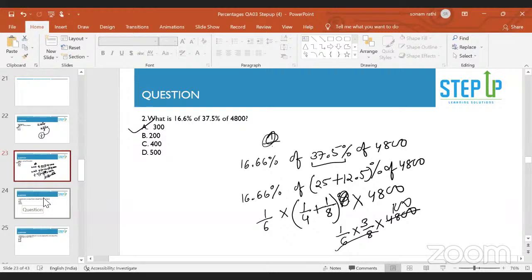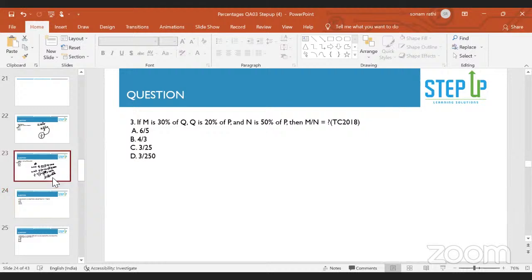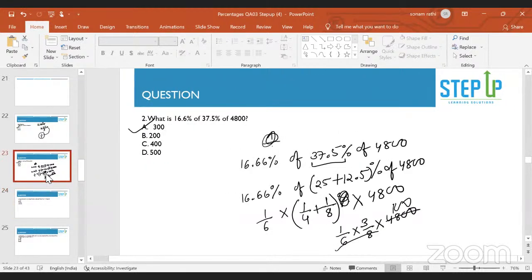Kriya, ma'am. Yes? Madam, yes, tell me. Is it possible to use 50 minus 12.5? Yes, you can write 50 minus 12.5 as well. So 50 will be how much? 1 by 2 minus 12.5 is 1 by 8. LCM will be 8. 4 minus 1, 3 by 8.